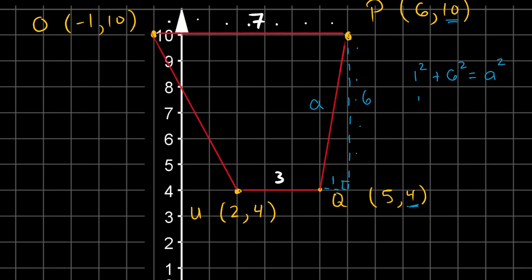Of course, this is 1, this is 36. So we're looking at, no, I wrote 37. I was getting ahead of myself, 36. When I combine them, I get the 37. So that's A squared. So I know that the length of A is the principal root of 37. So A is root 37. So that's one part of the perimeter.